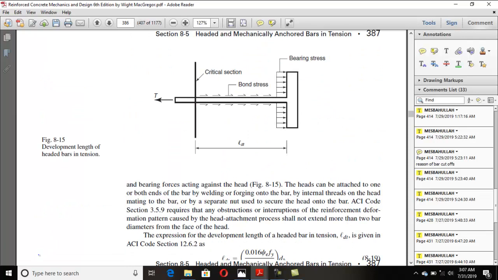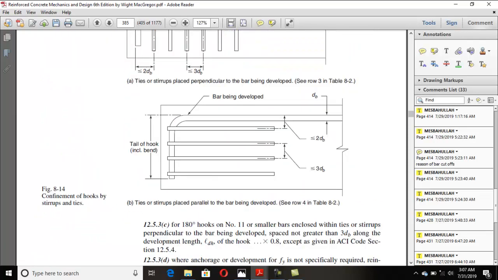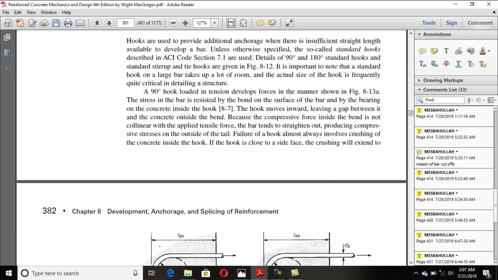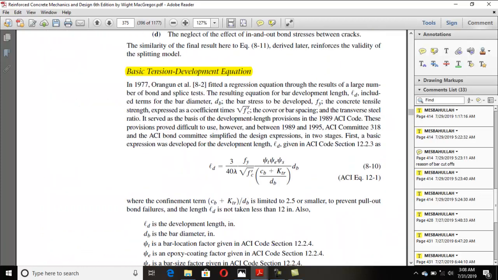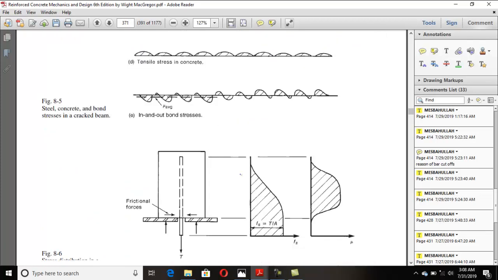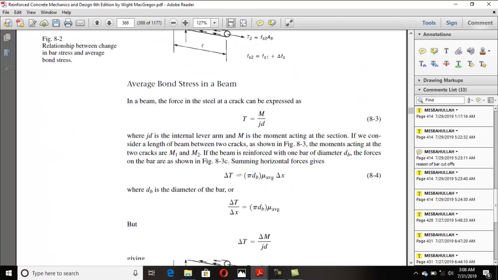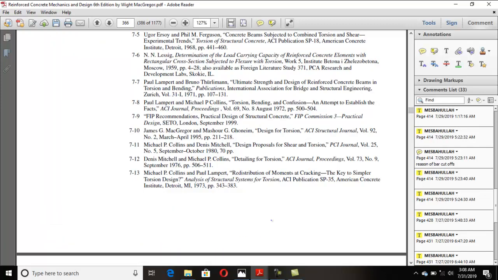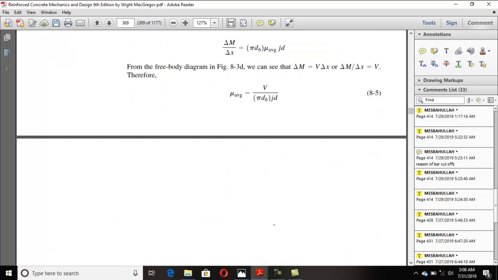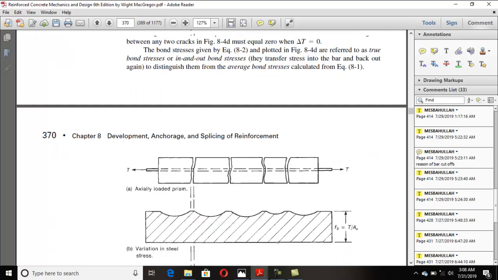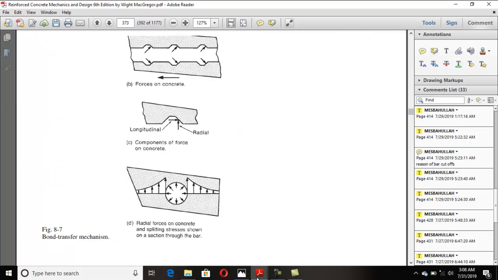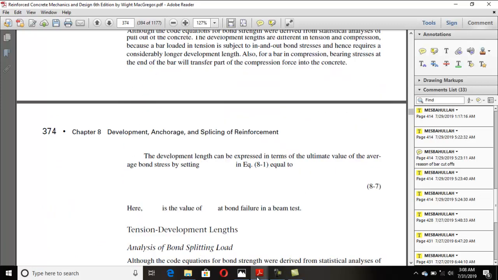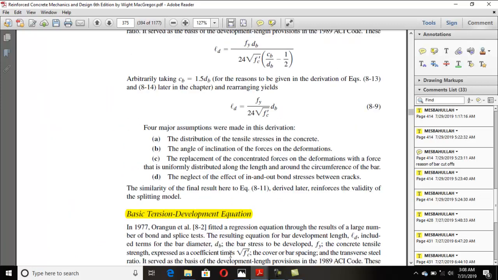Okay, because you will see the fruit of this topic in the coming topic. In the coming topic you will see how important development length calculation is, how we use it for cut-up points. So the next topic is very interesting, and you need to completely understand specifically the development length topic, which will be used further.